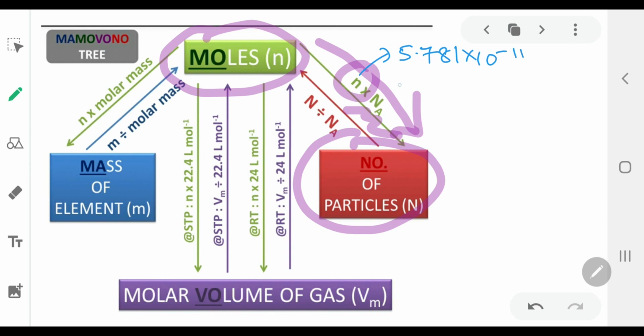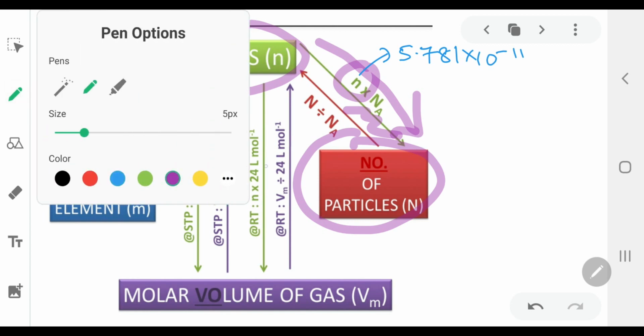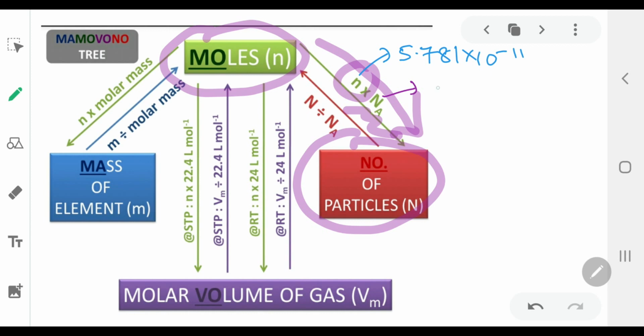And to get the number of molecules, remember the Avogadro value is about 6.022 times 10 to the power of 23. To work that out is very simple.